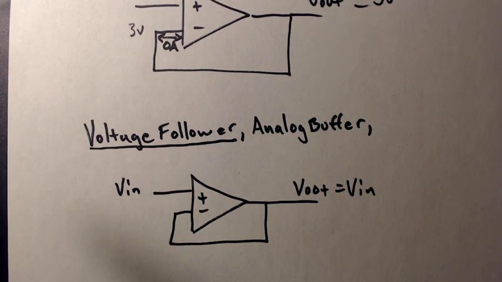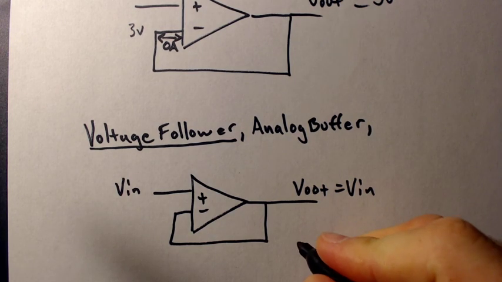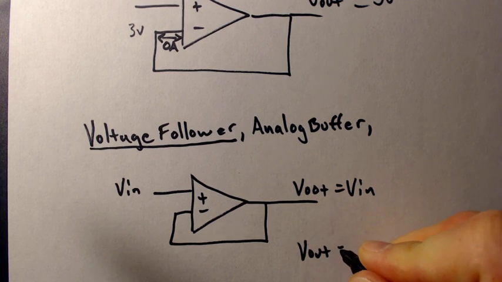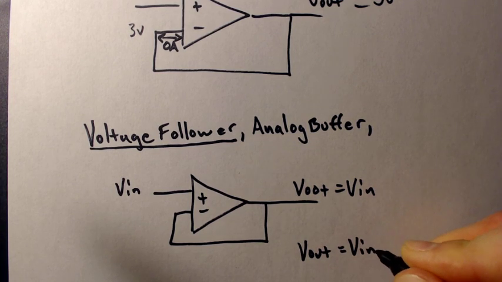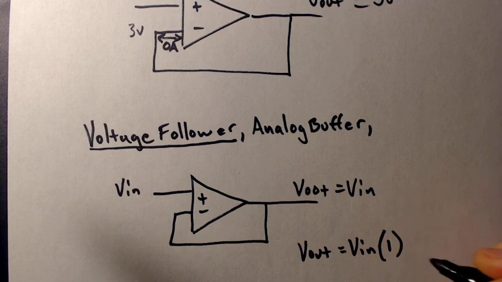Okay, there is one other thing that this is doing. Is this amplifying? Is the output being made to be bigger than the input? It is, by a factor of 1, right? V out equals V in times a gain of 1.